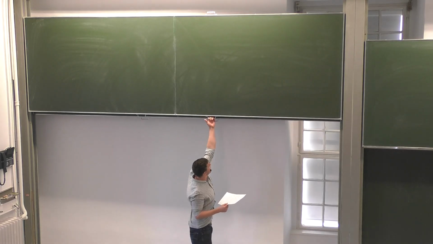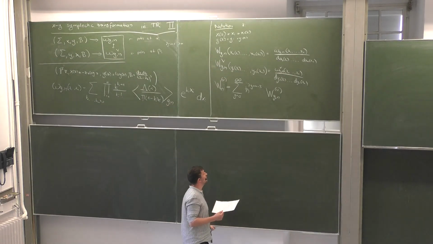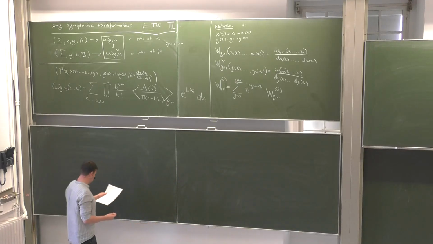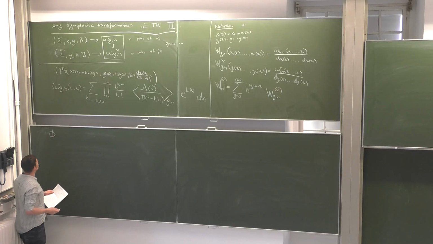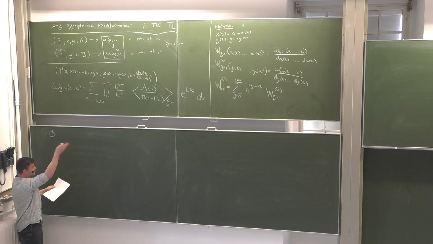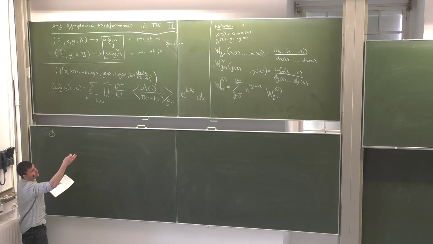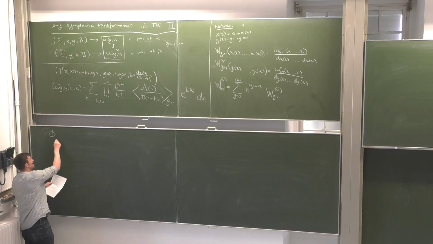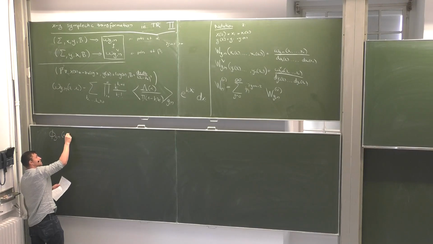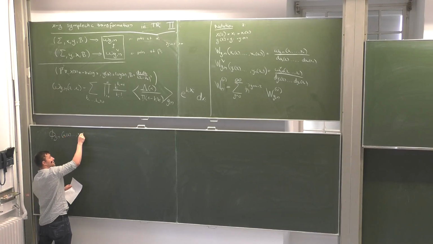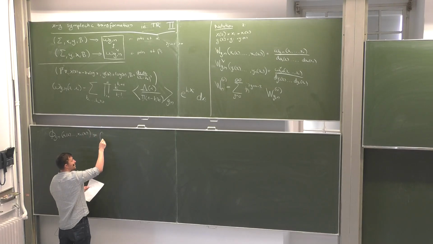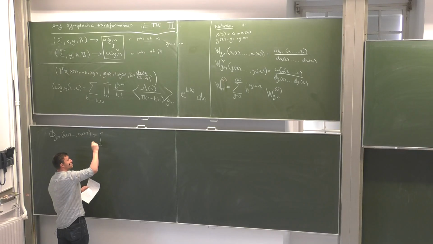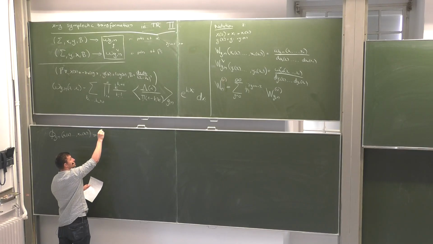And another thing which I want to introduce is also the primitive of these W's or of these omegas, Phi_{g,n} of x1 of z1 up to xn of zn, which is defined by integrating from some base point to z1.